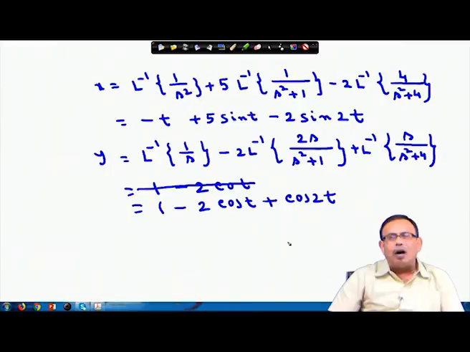And I hope that now it is clear to you how to solve simultaneous linear ordinary differential equations using Laplace transform.